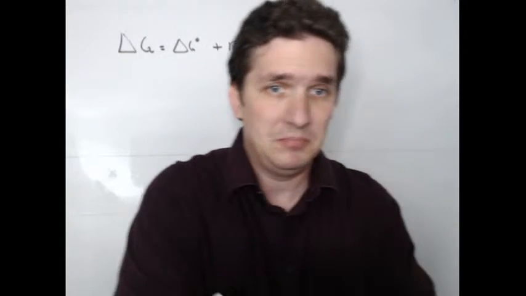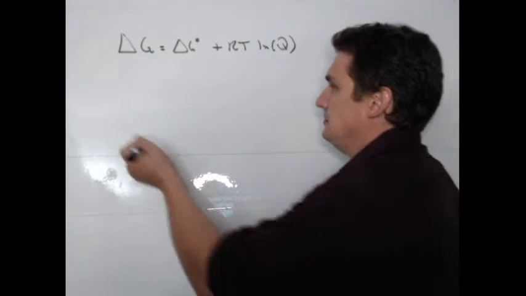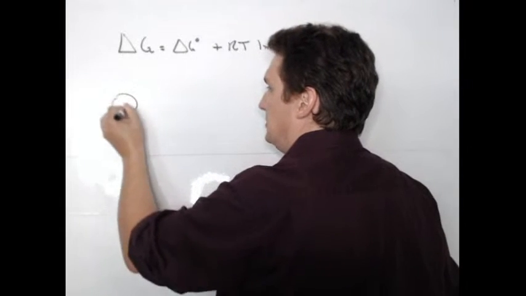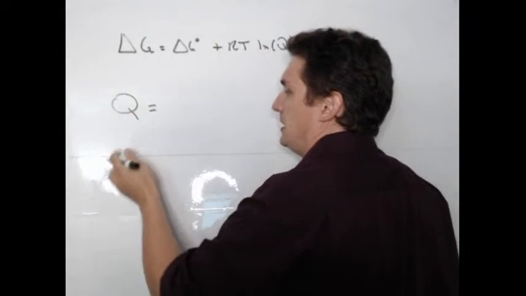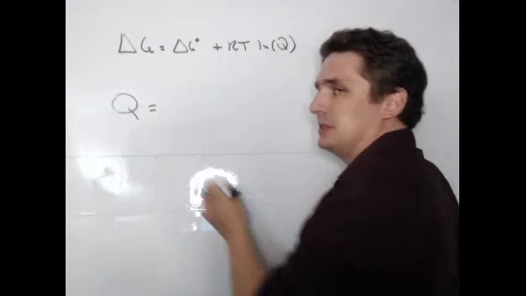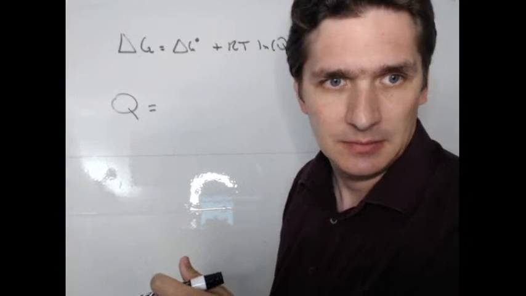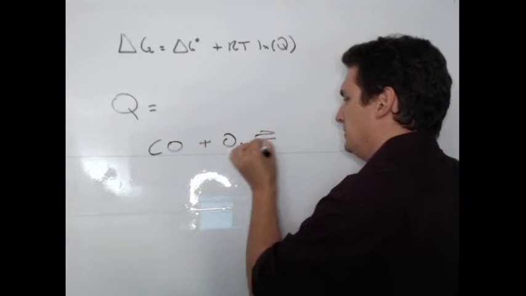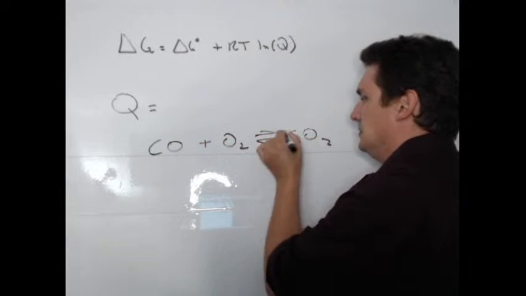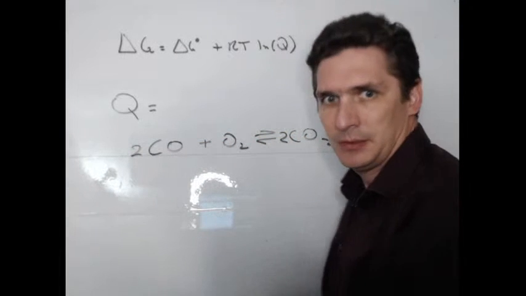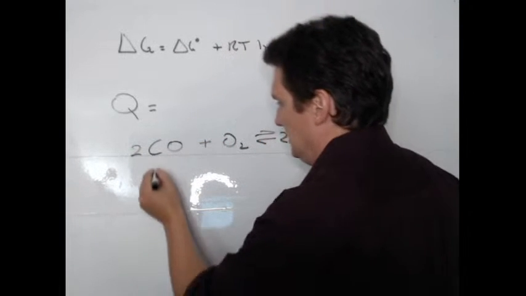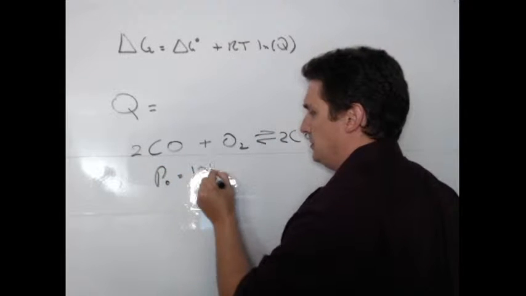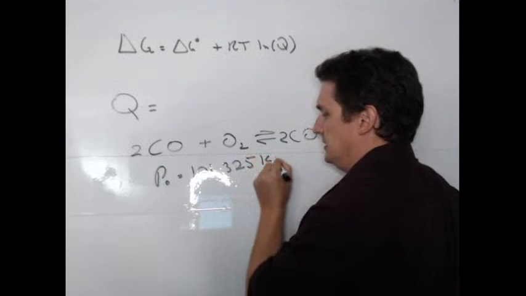Our expression for Q here is, K equals Q only at equilibrium, but we're still going to have CO and O2 going back and forth to CO2, 2 there, 2 there. The pressure is 1 atmosphere, 101.325 kPa.